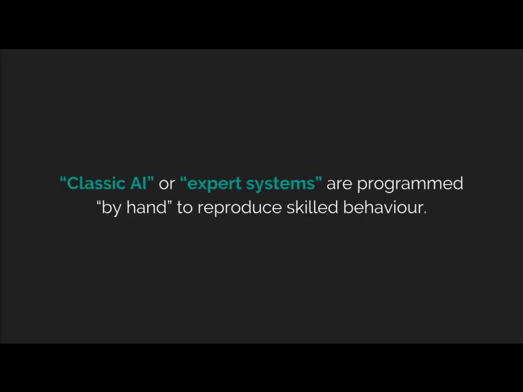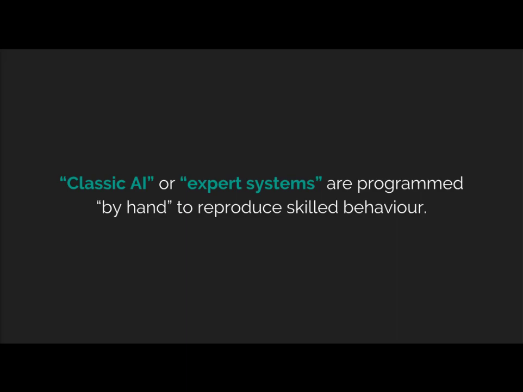So there's multiple different types of AI. You'll see classical AI or expert systems, and these are systems that are programmed by hand. So even though they're not explicitly programmed to solve every instance of every problem that they're meant to solve, there's still hand-coded instructions in there. And a lot of game AI uses this kind of system.